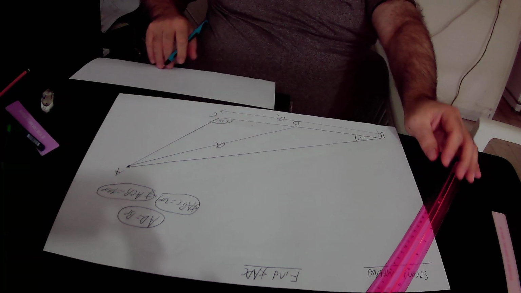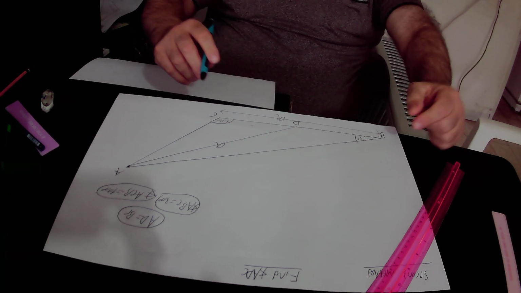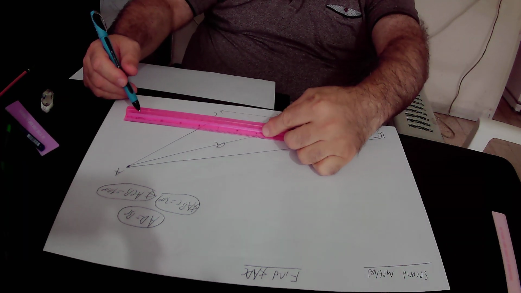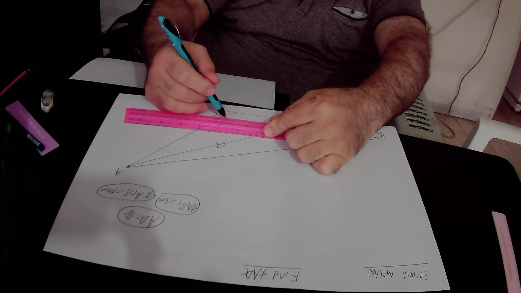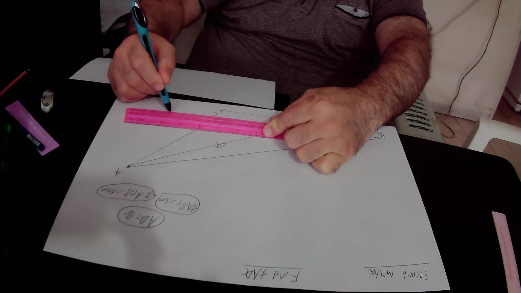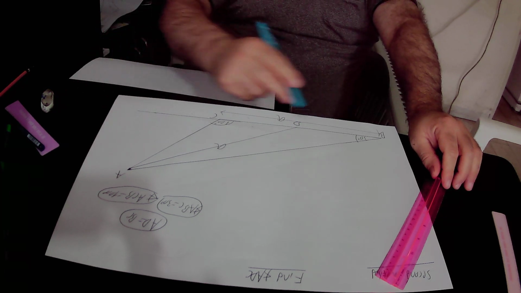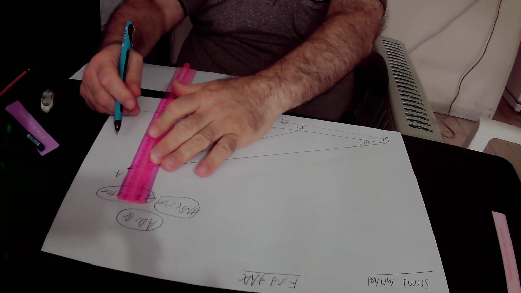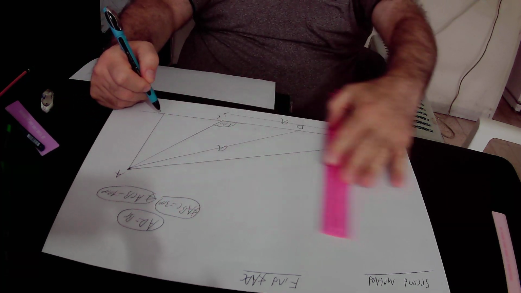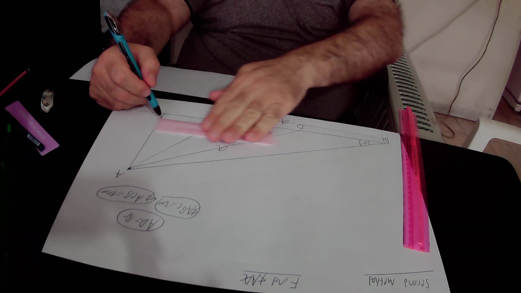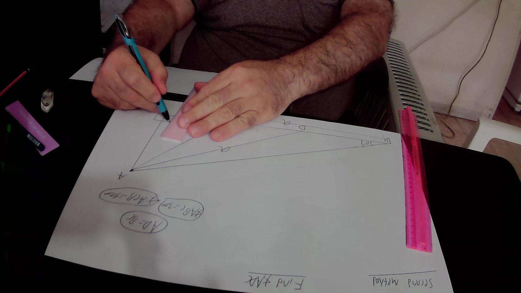In the next step, we will extend side BC of triangle ABC by a straight line. And from point A, we will draw a perpendicular to the extended BC. So this angle will be equal to 90 degrees, and this angle will also be equal to 90 degrees.